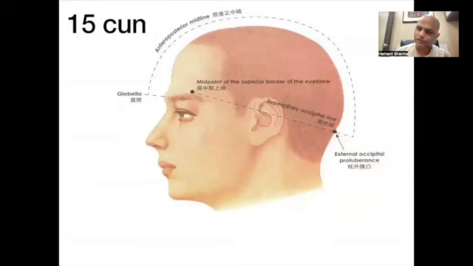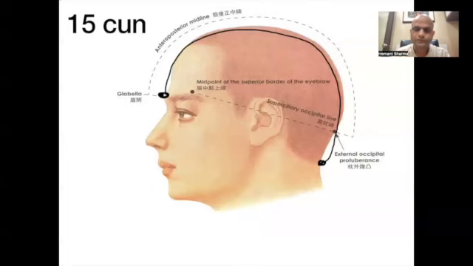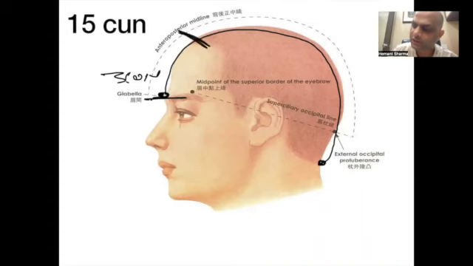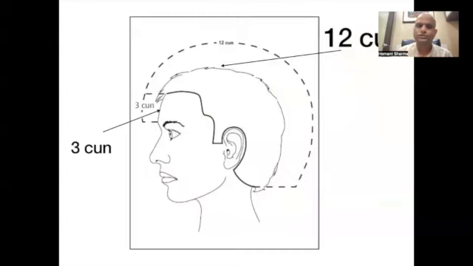As per this image, the total length from the midpoint of the eyebrow to the posterior hairline can be divided into parts. Number 1, 3 chun till the hairline, and 12 chun after the hairline, as we can see in this image.